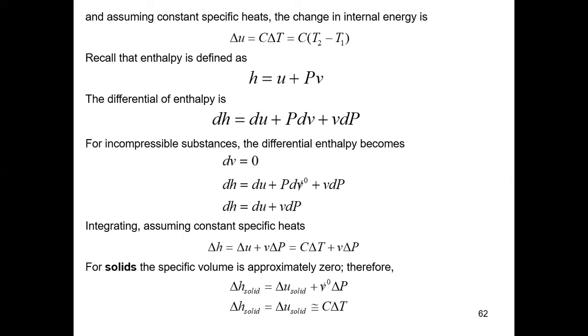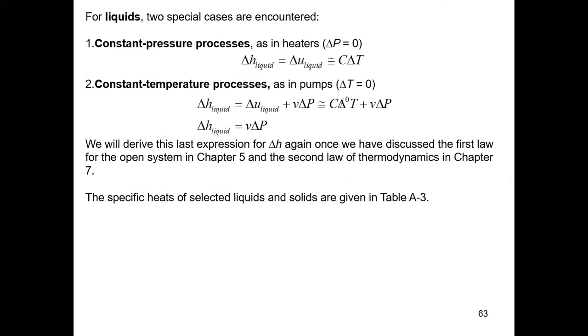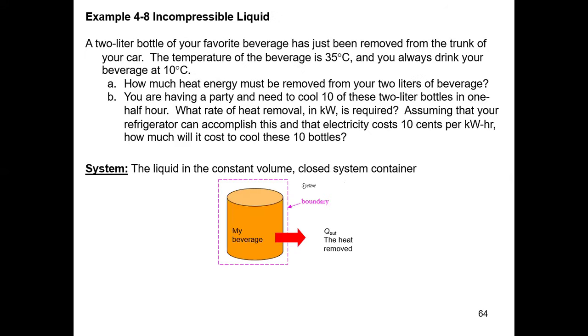Okay. For a constant pressure process, delta H liquid is equal to delta U liquid, which is C delta T. For a constant temperature process, delta H liquid is V delta P. And properties are given. Okay.